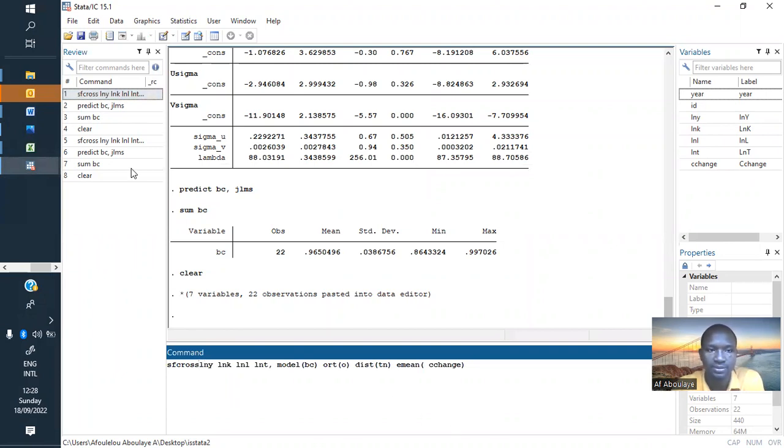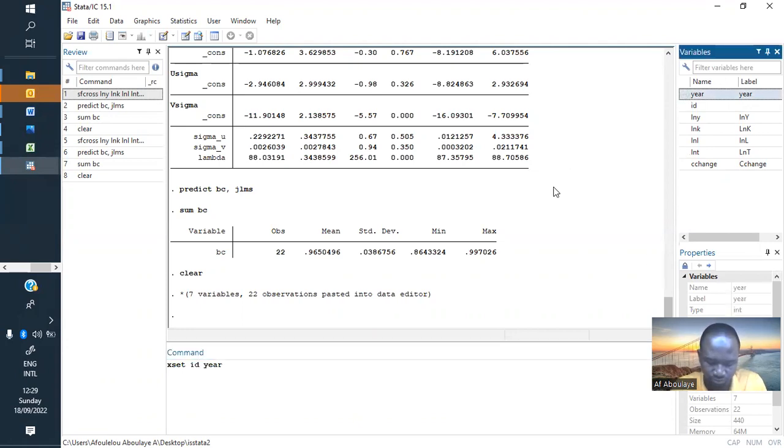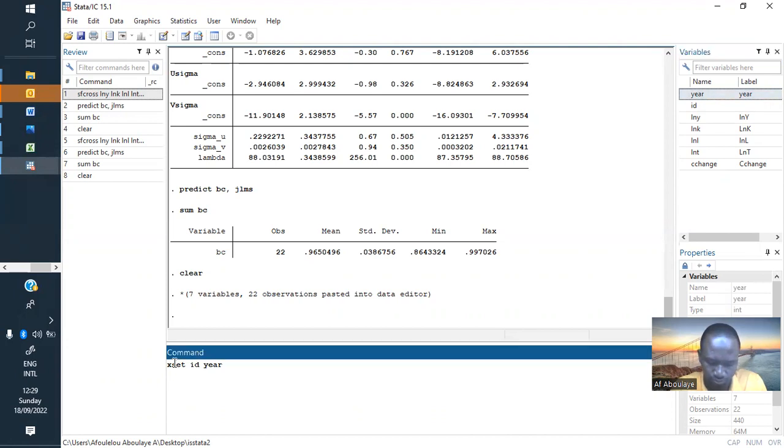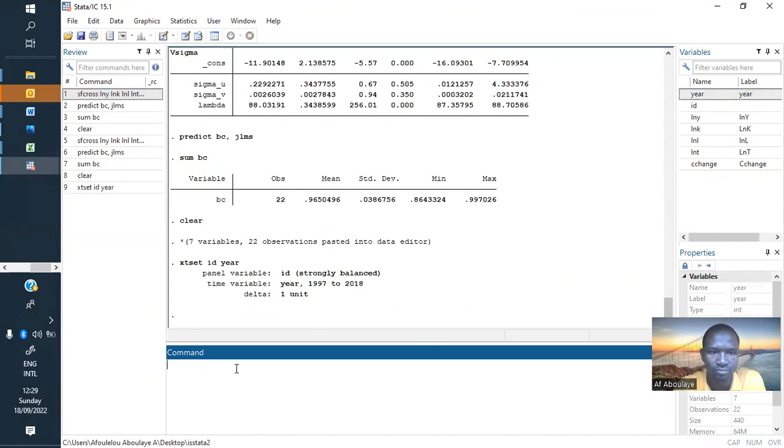Let me tell my software that I'm using panel data, with the company ID.